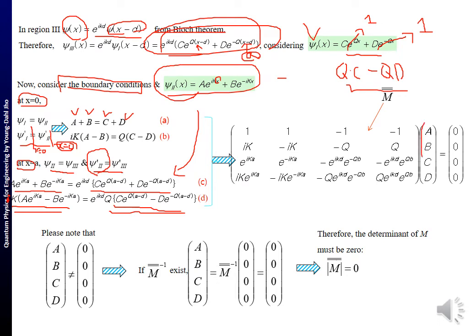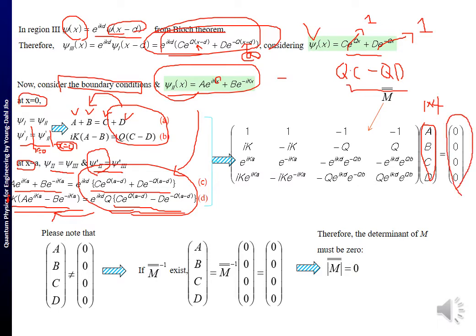So they are formulated like this, a 4 by 4 matrix here, with A, B, C, D. If you move the terms from right to left, the right hand side will be a 0 matrix. The left hand side is arranged like this. So we have a 4 by 4 matrix, like this.